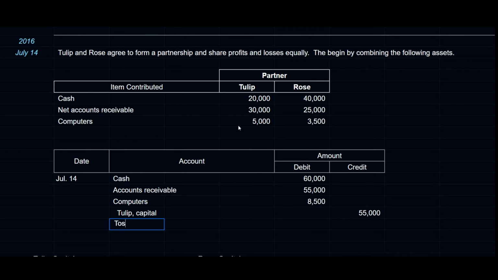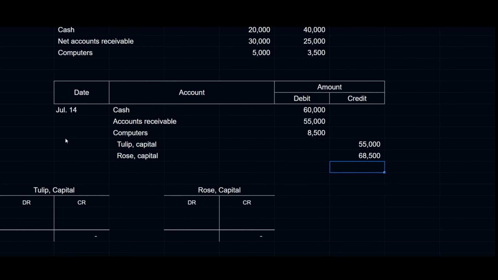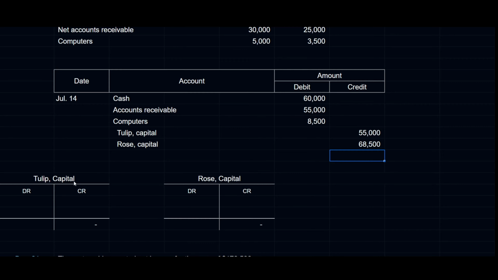Next, we will credit Rose, capital, in the same way. $40,000 plus $25,000 plus $3,500 for a total of $68,500. We are not asked in this question to maintain T accounts, but I'll do so just to help us keep a visual of where each partner's capital balance is throughout the question.